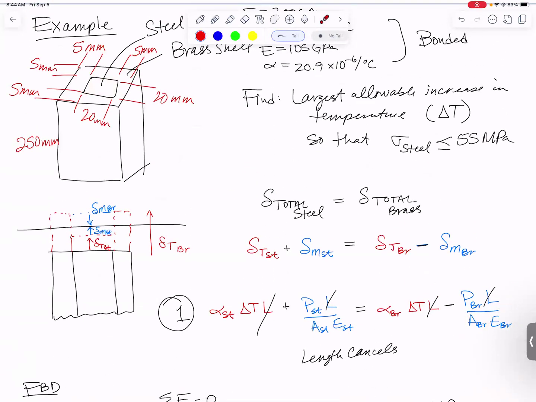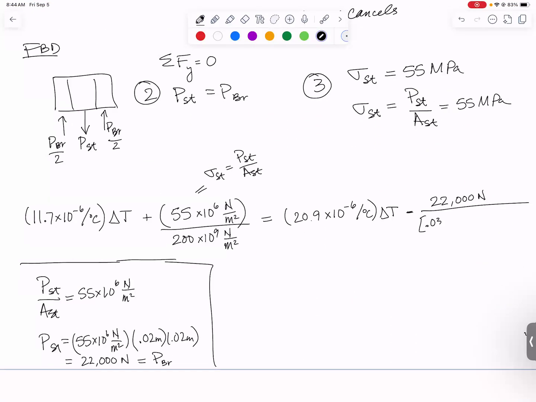The way I ended up doing it was to say, well, I'll just take the area of the outside square, which is 30 by 30, minus the area of the inside square, which is 20 by 20. 0.03 meters squared minus 0.02 meters squared. So this guy is P brass, which is equal to P steel. This guy is the area of the brass, and then the modulus of the brass was 105 times 10 to the 9th newtons per square meter.